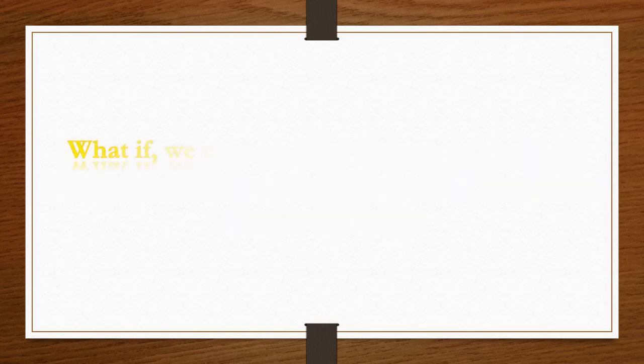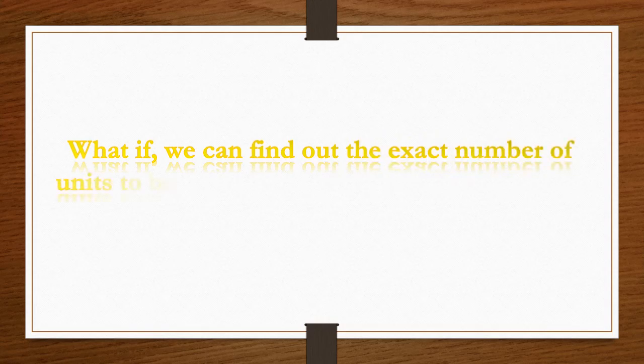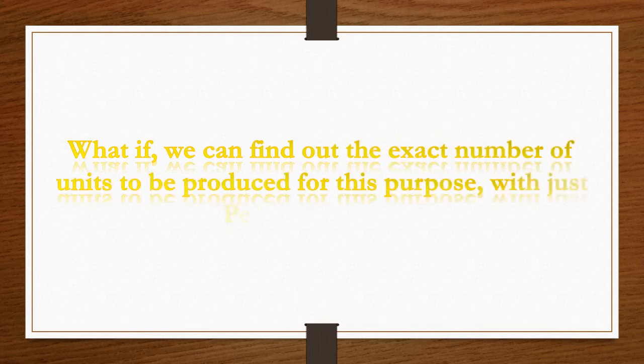Then, what if we can find out the exact number of units to be produced for this purpose with just pen and paper? That means without going into the market, without actually selling or producing anything. What if we know that by producing the exact number of units, I can earn the maximum profits, maximum revenue, and I can also minimize my cost?